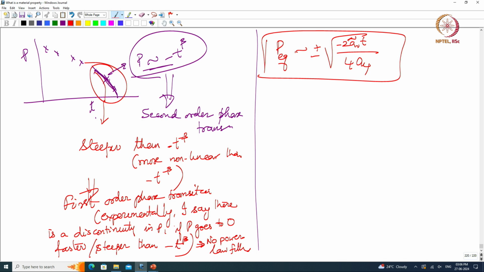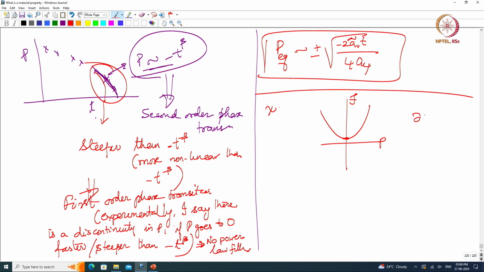Okay. Now, for susceptibility, how am I measuring susceptibility? If I have a single well potential, this is F versus P, I measure susceptibility only at equilibrium.